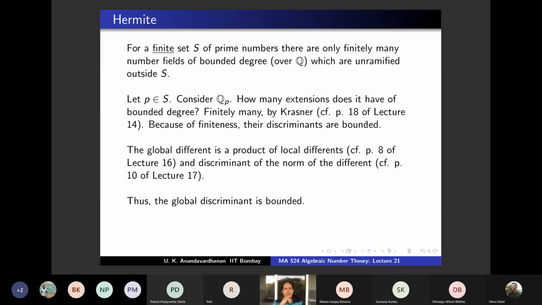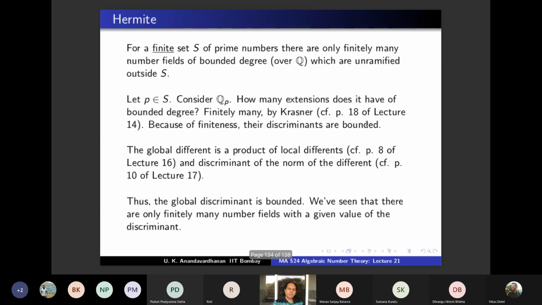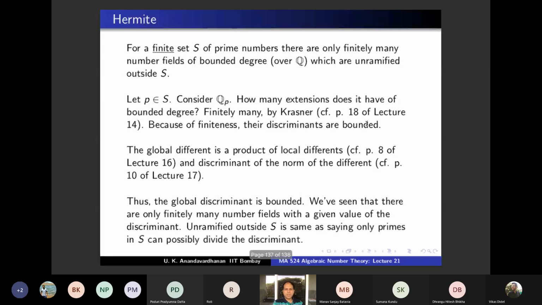But then we know from the previous result that there are only finitely many extensions with a given discriminant. So if the possible discriminant is bounded, then there are only finitely many such extensions. We have seen that there are only finitely many number fields with a given value of the discriminant, and unramified outside S. What does that mean? That is the same as saying only primes in S can possibly divide the discriminant.